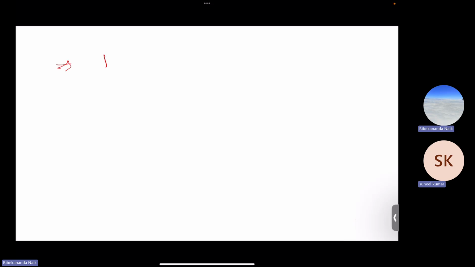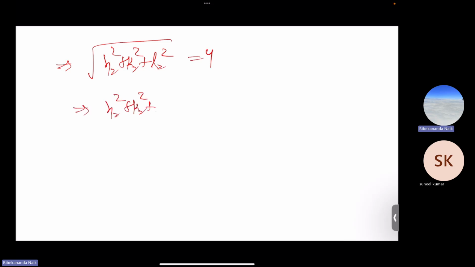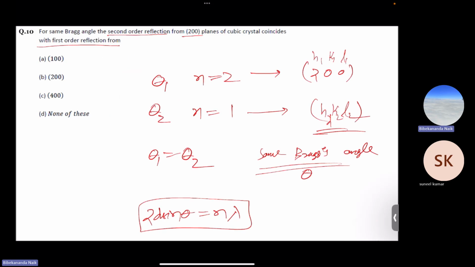Then square root of h2 square plus k2 square plus l2 square is equal to 4. Then h2 square plus k2 square plus l2 square equals 4 square, that is 16. If you see out of these four options, h square plus k square plus l square will be 16 only in the 400 plane.